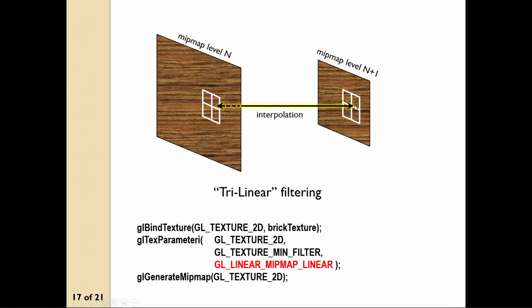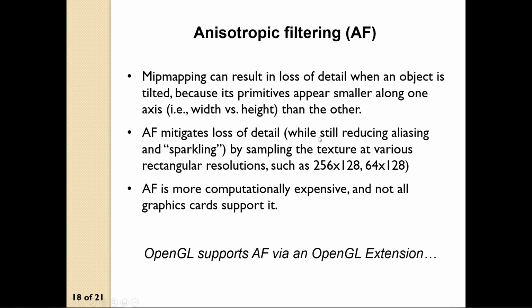So it's as if you were able to generate another level of detail averaged here and averaged here to kind of come in between. So that's the most expensive. Trilinear filtering is going to actually average these 4 texels together, average these 4 together, and then interpolate them in between. So that gives you something close to really calculating on the fly exactly what they should be using according to smooth scaling.